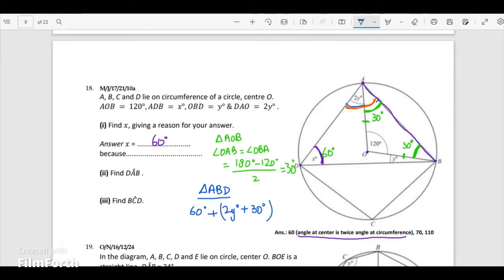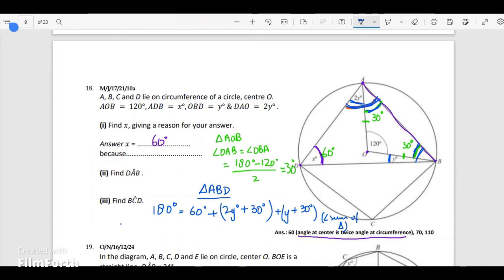I'm talking about this angle right here, because this was 2y, this was 30 degrees, so this complete angle would be 2y plus 30. Likewise, this is y degrees, this is 30 degrees, so this complete angle would be y plus 30 degrees. And when I add all of these together, I should get 180 degrees. The reason being that this is the angle sum of a triangle.